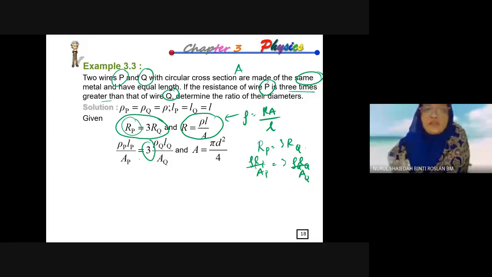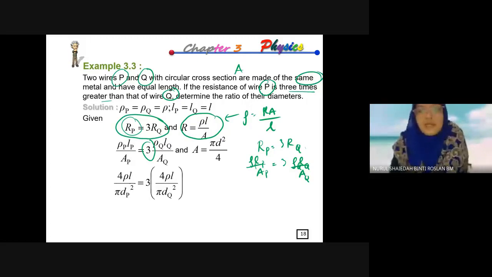So lepas tu apa yang boleh kita buat? Kita masukkan formula. Dia kata dia buat daripada material yang sama, same metal. Maksudnya rho dia sama lah. So rho boleh potong, L boleh potong. Cuma area sahaja yang berbeza. So area adalah sama dengan apa? Pi r squared. Kenapa pi r squared?